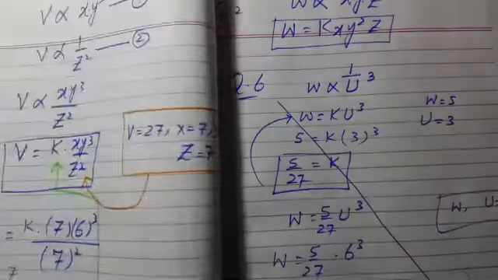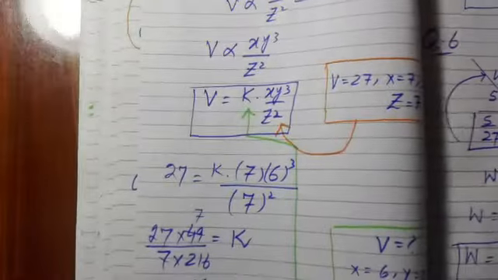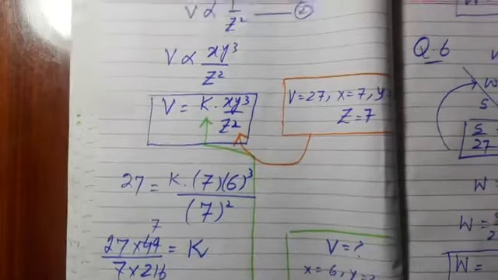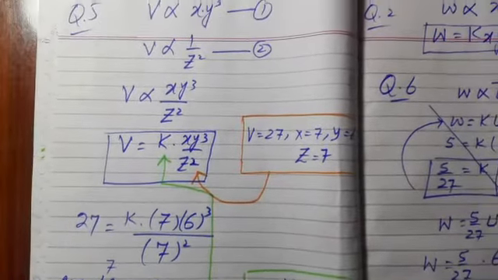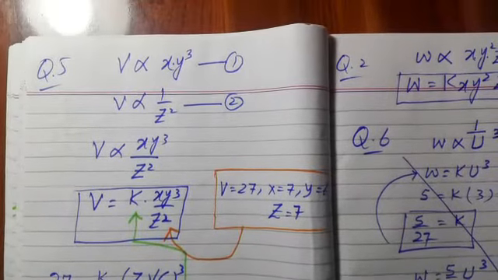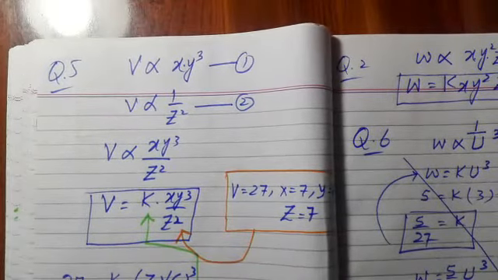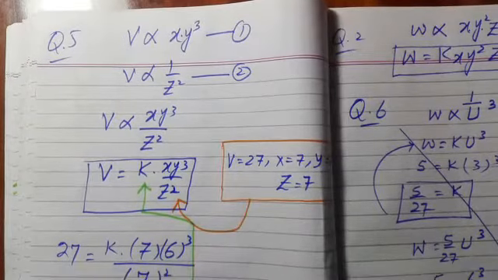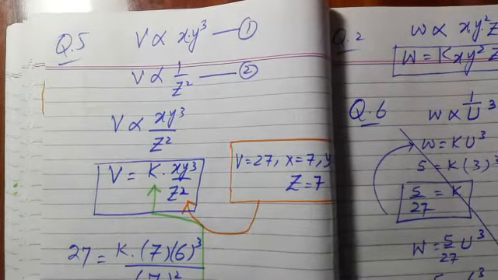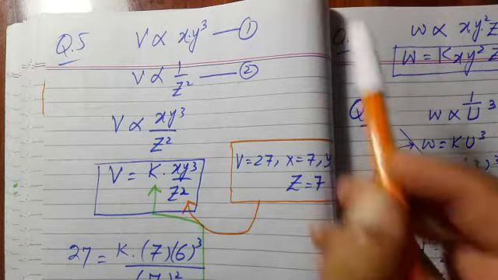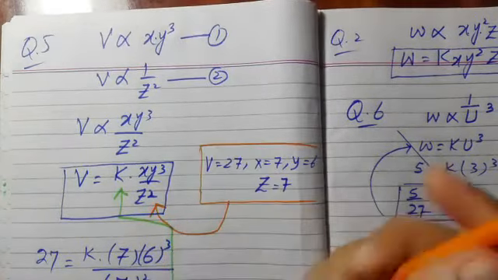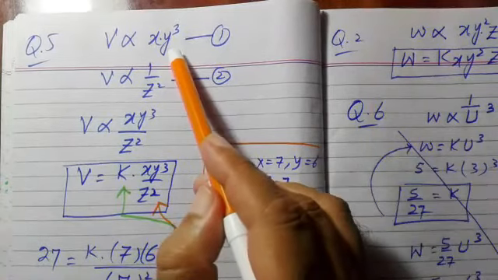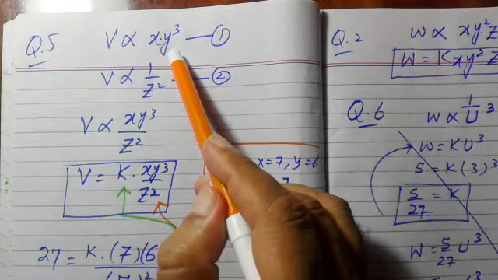For the next question, if you look at question number 5, for finding the value of v, we have a formula according to the statement, that v is directly proportional to x y raised to power 3 in the first relationship, and v is inversely proportional to z square.